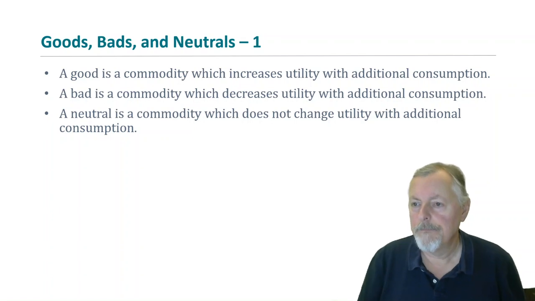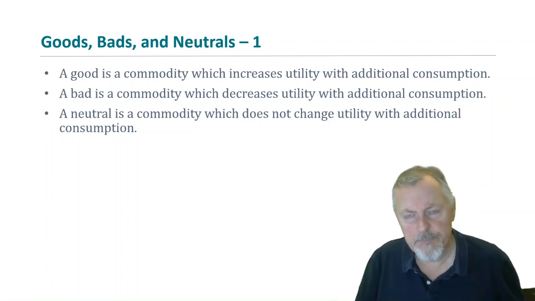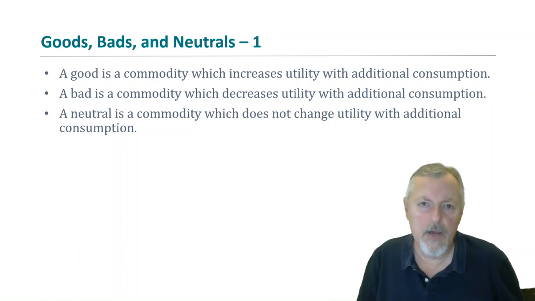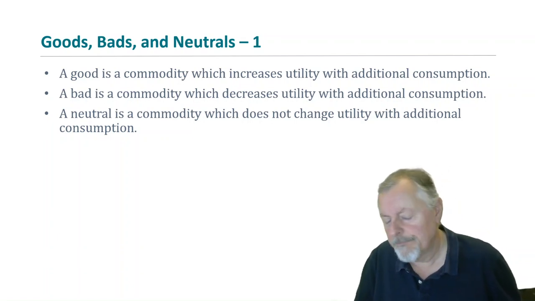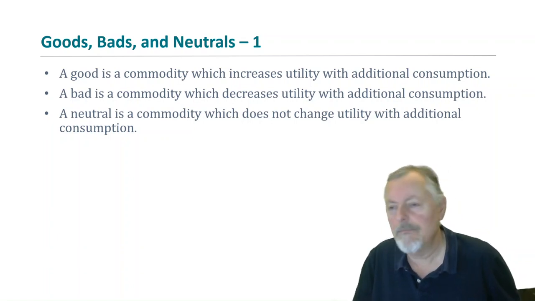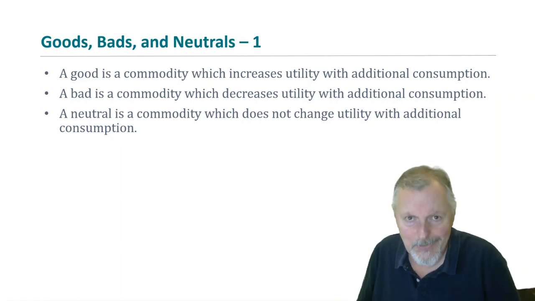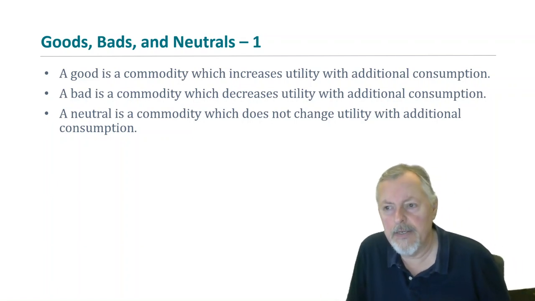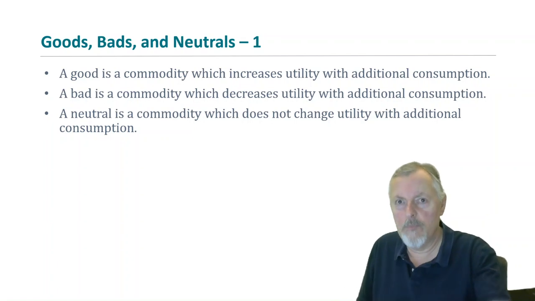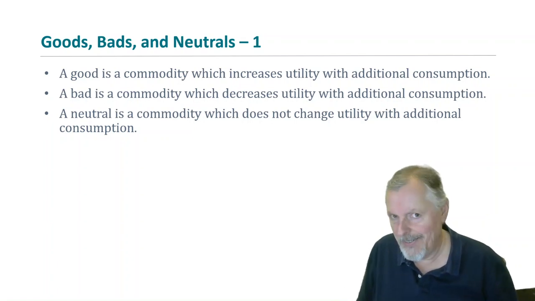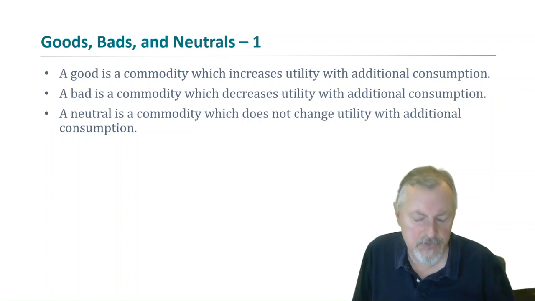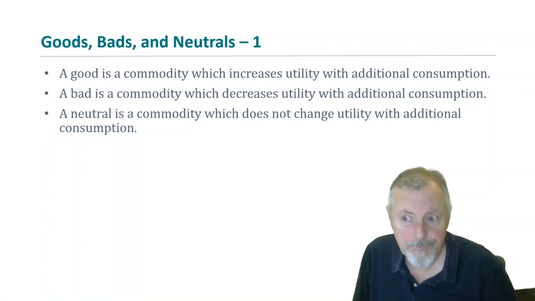Now, I think I mentioned this briefly in the prior lecture. We talk about goods in econ, and most things that we deal with commonly are goods. But a good, by definition, is something that getting more of it gives you more utility. Not all things do. I think the example I used last time was garbage.